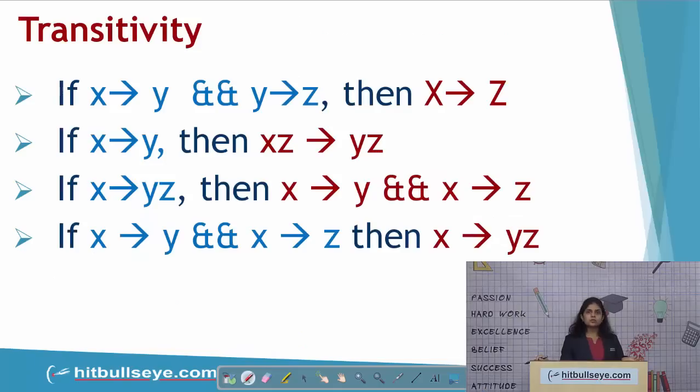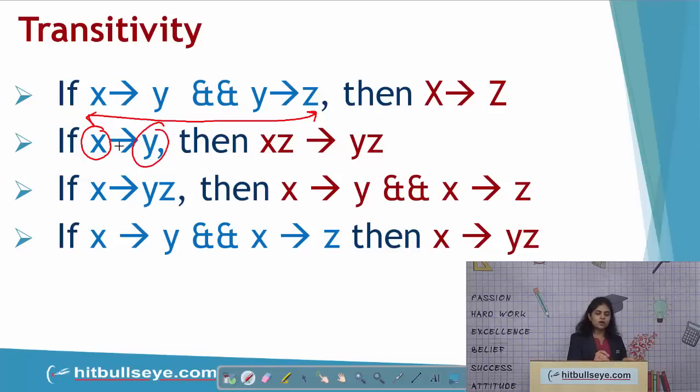So there are some other properties of the functional dependencies. One is the transitivity. It is one of the properties of the functional dependencies. Let's see all the properties one by one. If X functionally determines Y and Y functionally determines Z, then X functionally determines Z. If X functionally determines Y, then XZ functionally determines YZ. If we make a superset of X with any particular attribute and we add the same attribute to Y, then this relation holds true.